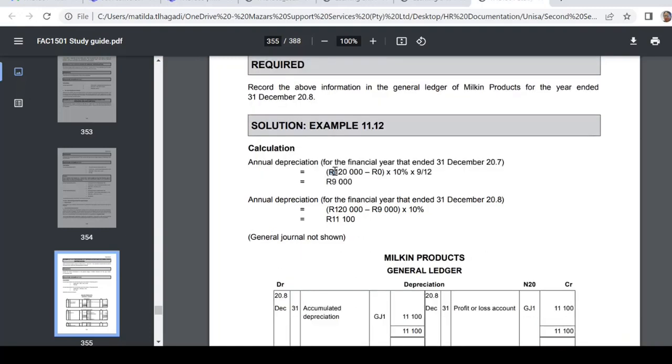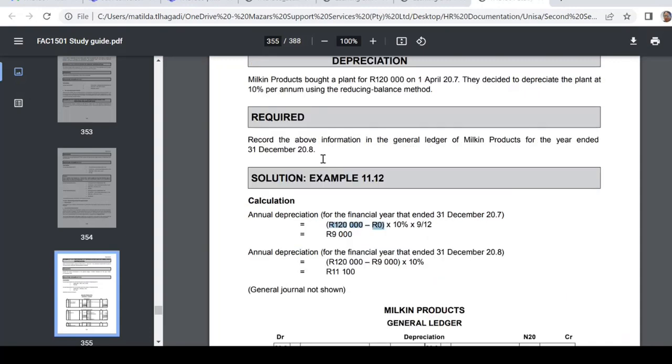Annual depreciation is 120,000 minus 0, because this is the first time we're calculating the depreciation. The asset was bought 1st April, so 1st April to 31st December is 9 months. So what is the formula for calculating the reducing balance method?